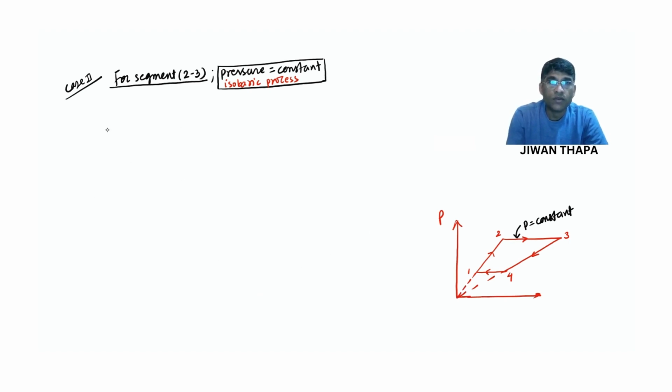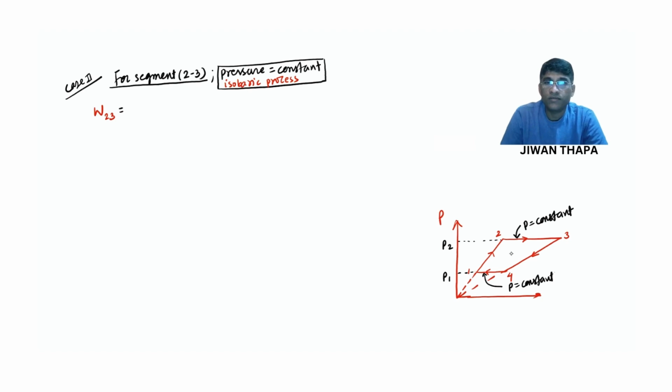Now, the work done in this segment 2, 3 equals... Let us mark this. We can see pressure is constant for segment 2, 3, and for segment 4, 1, pressure is also constant.